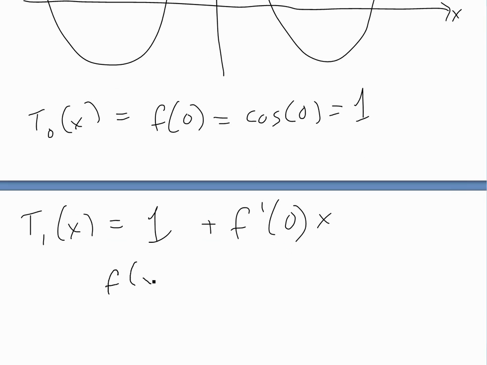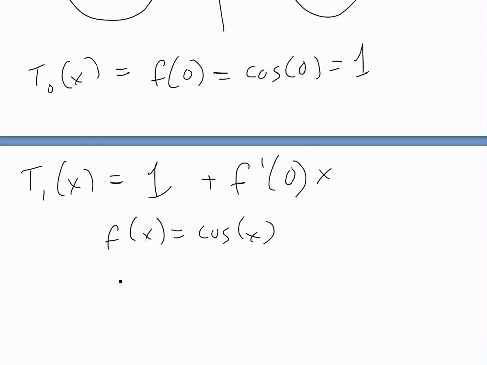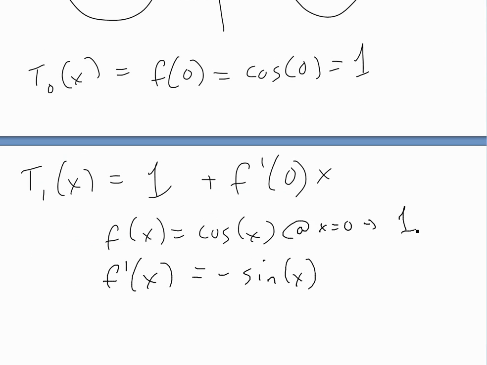We know that f of x is equal to cos x, so we'll get a pattern here. f prime of x is equal to negative sine of x, which at x equals 0 equals negative 0.